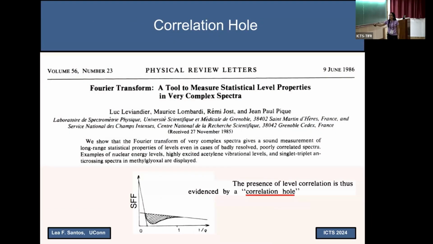And why correlation hole? Because this term was introduced back in the 80s, especially in the context of molecules. It started there in discussions in chemistry, because the issue in chemistry is that when you have the spectrum, you don't have such good resolutions as when you have nuclei. The levels can overlap. So the idea is, to detect these correlations, better to do Fourier transform.